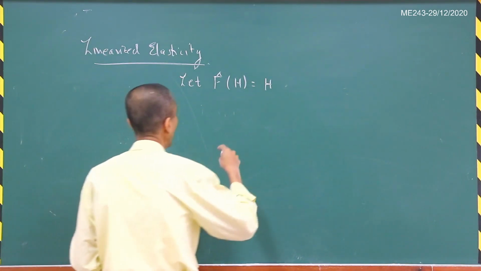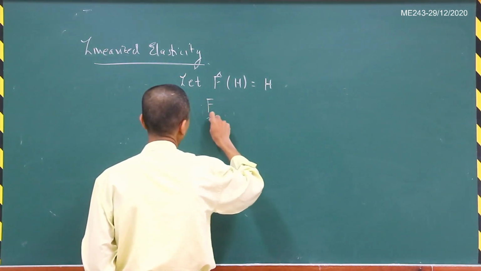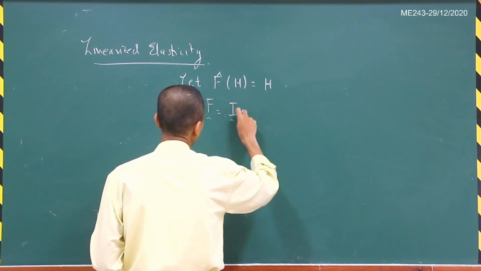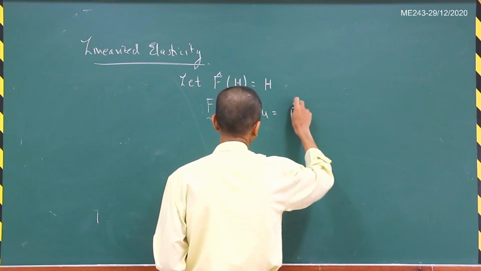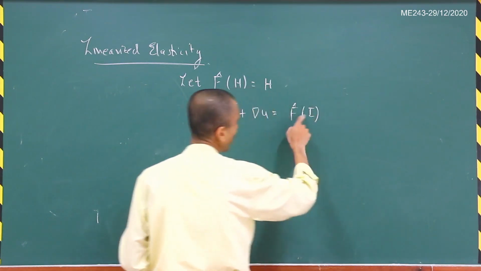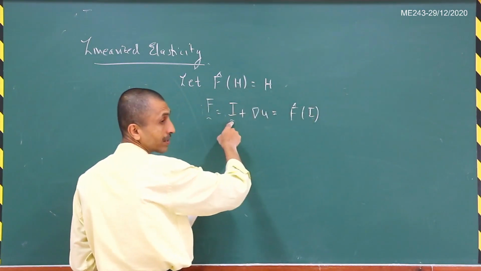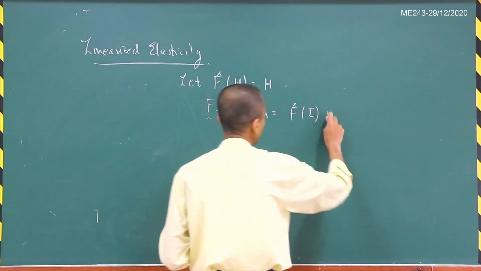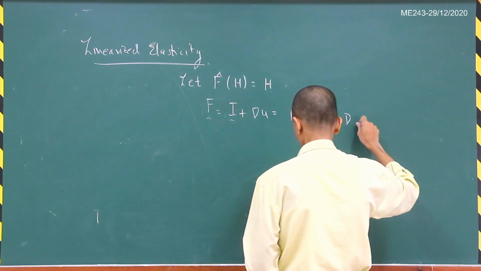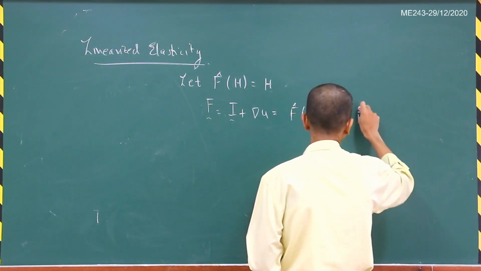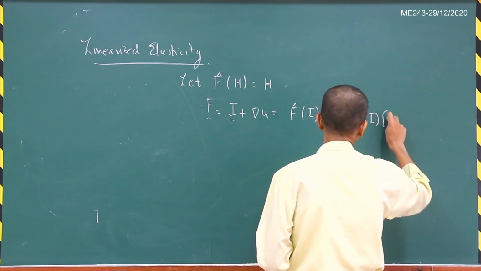So this F, which is now the deformation gradient, is equal to I plus del u. This I can write as F hat of I. So F hat of I will be I, that is this particular term here, plus the derivative of F hat of I in the direction of del u.